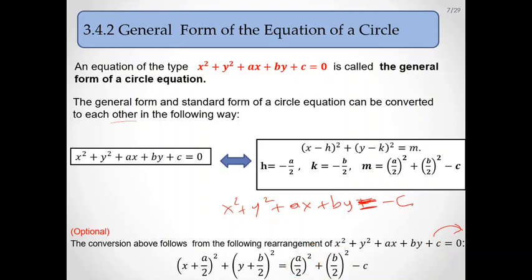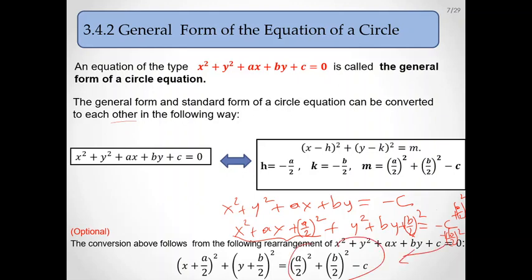Now the question is, can I make this one, these two of them, a complete square? I will write here ax, and here by, and here minus c. Can I make it a complete square if I add something? How about adding a over 2 squared and b over 2 squared on both sides.